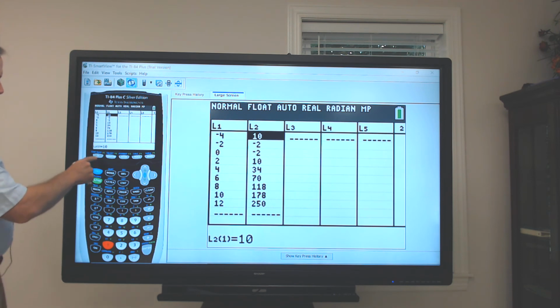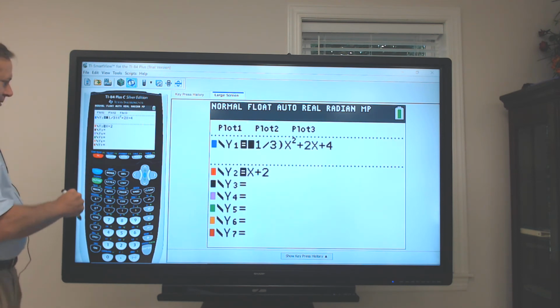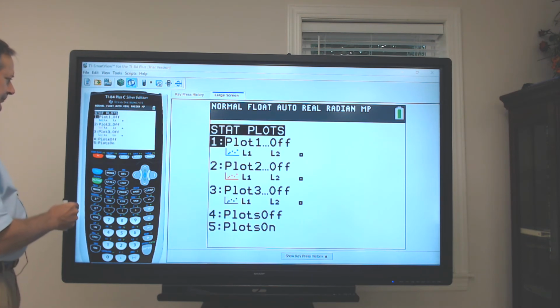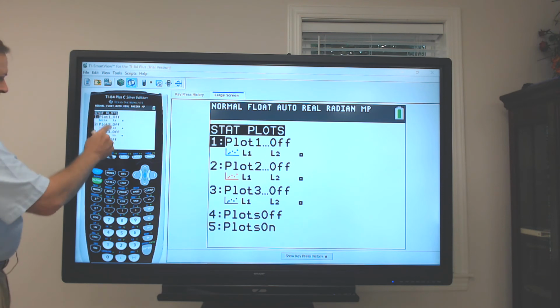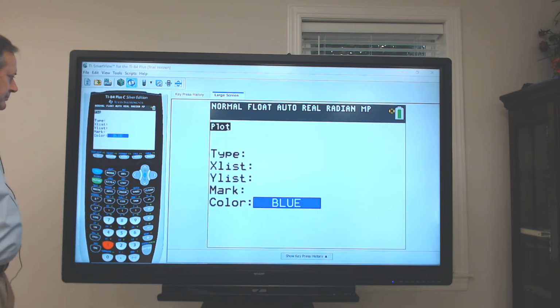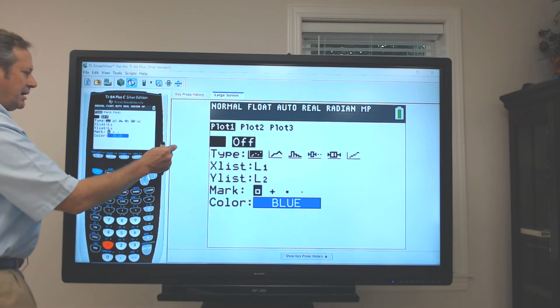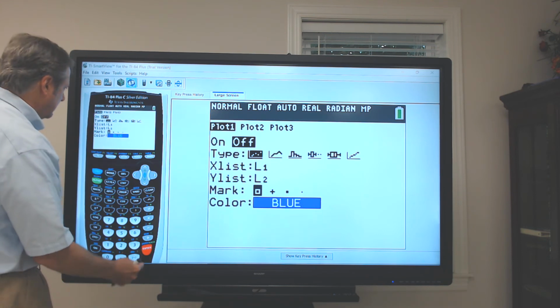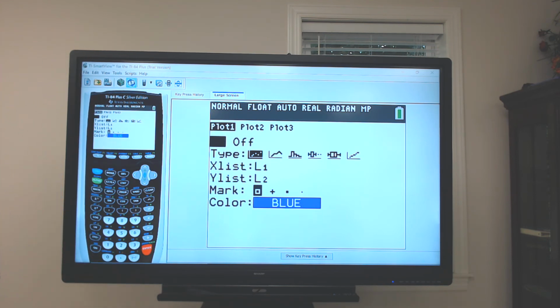The scatter plot is under the y equals menu in blue. Man, I didn't even touch it, I didn't think. All right, so let's go second, stat plot. We need to go into plot 1. We need to turn it on, and hit enter. All right, it's been turned on because the word on is blinking.